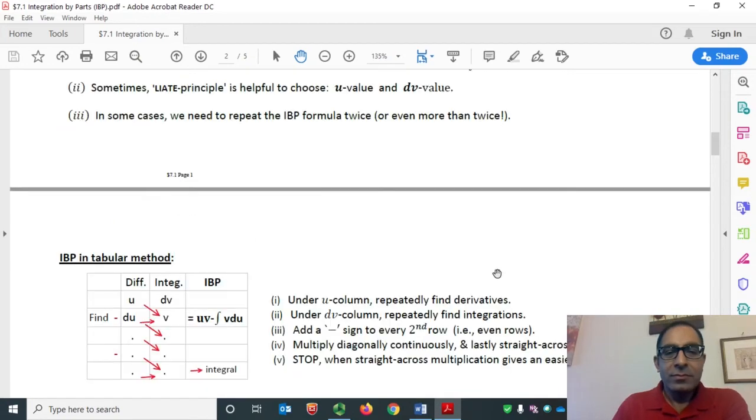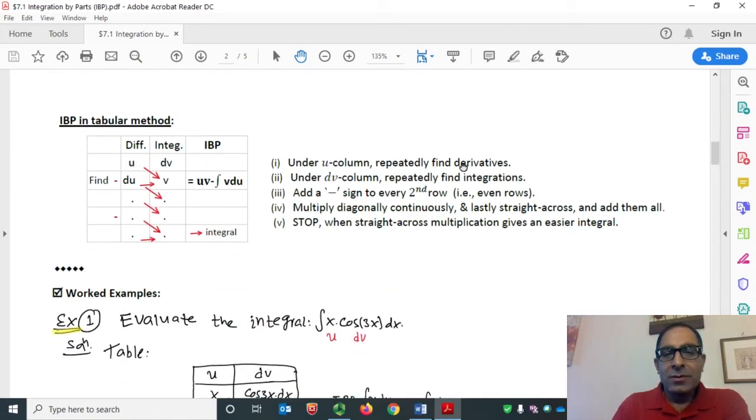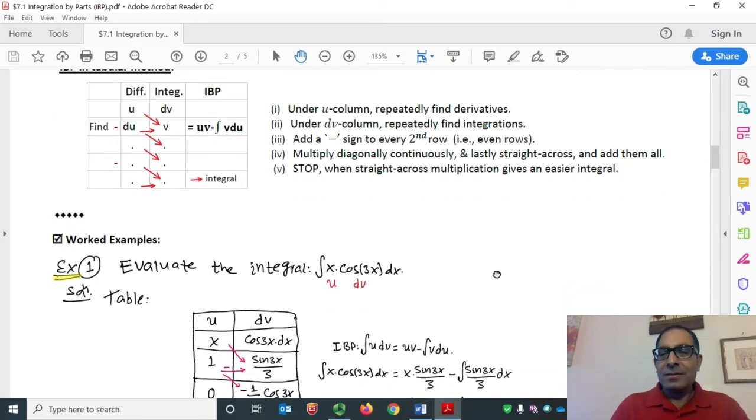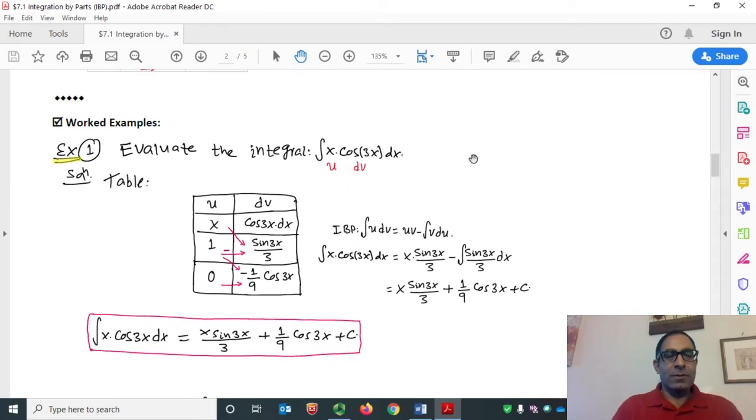Now let's use IBP and evaluate some integrals. First example: evaluate the integral of x times cosine 3x. Here our integrand is a product of an algebraic function and a trigonometric function. Let's begin the solution.